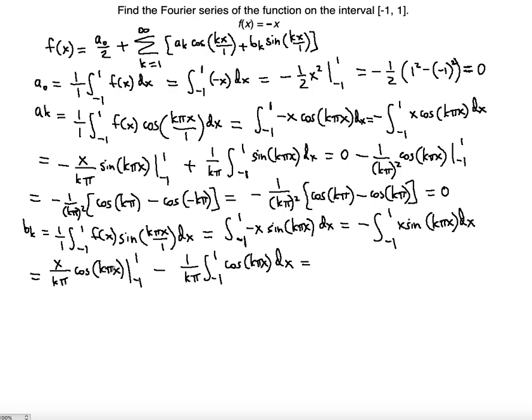Since cosine is an even function, cosine of negative k pi is the same as cosine of k pi, and since you're subtracting using the fundamental theorem of calculus, you will get 0. So whatever happened here, it doesn't matter. So this thing is 0 for the same reasons as here. So we're only dealing with this part, right? So that should be 0. Right? Sine k pi x from -1 to 1.